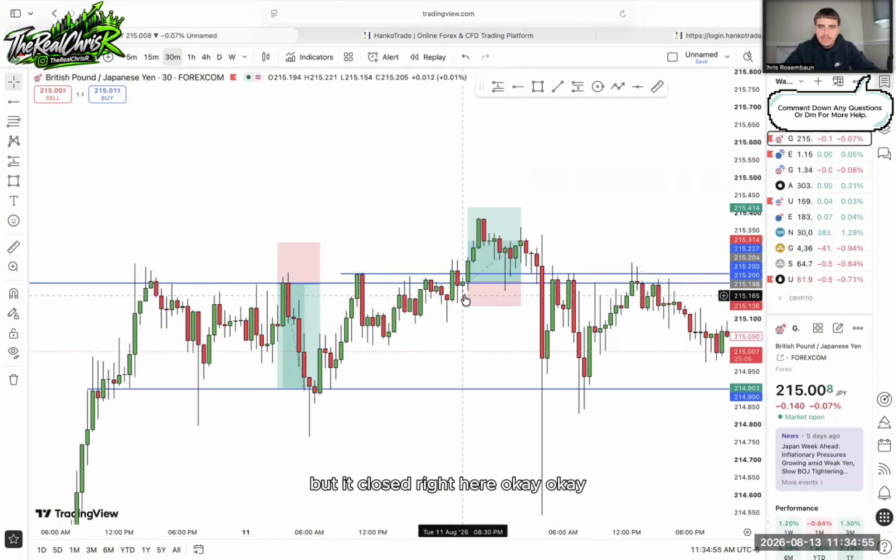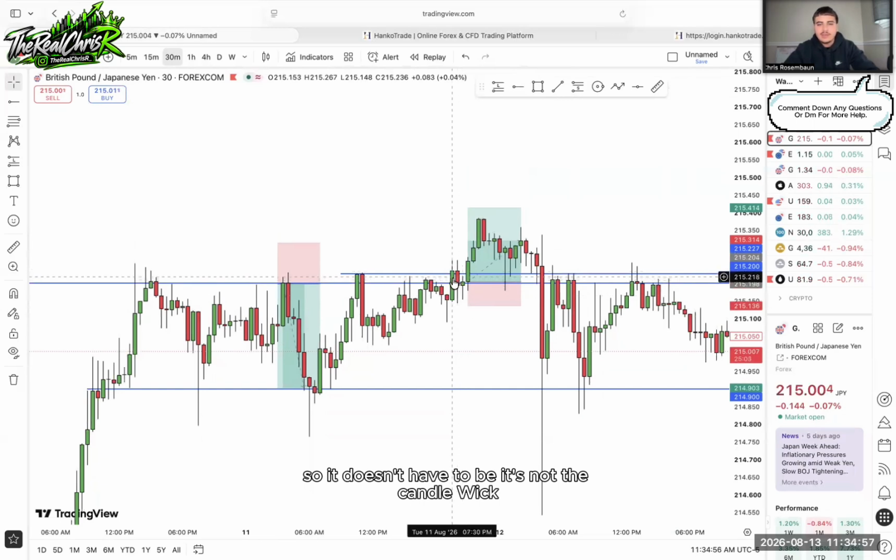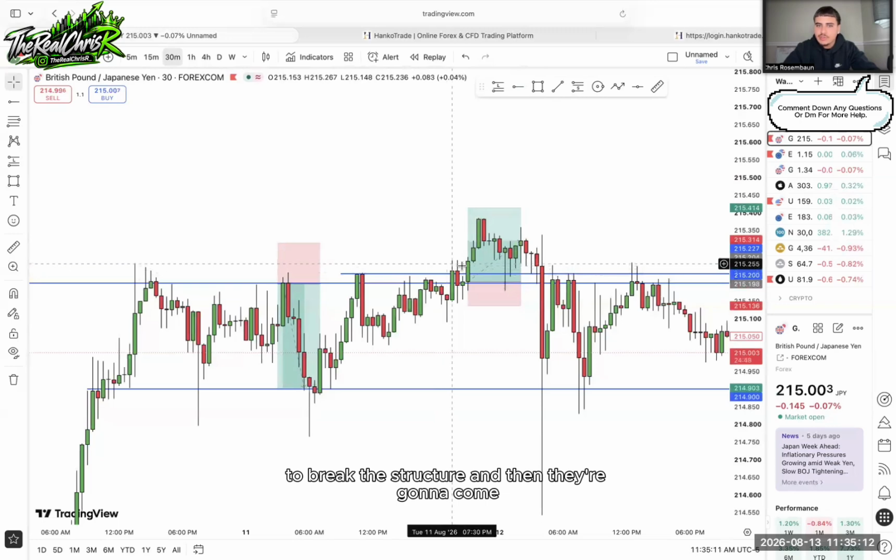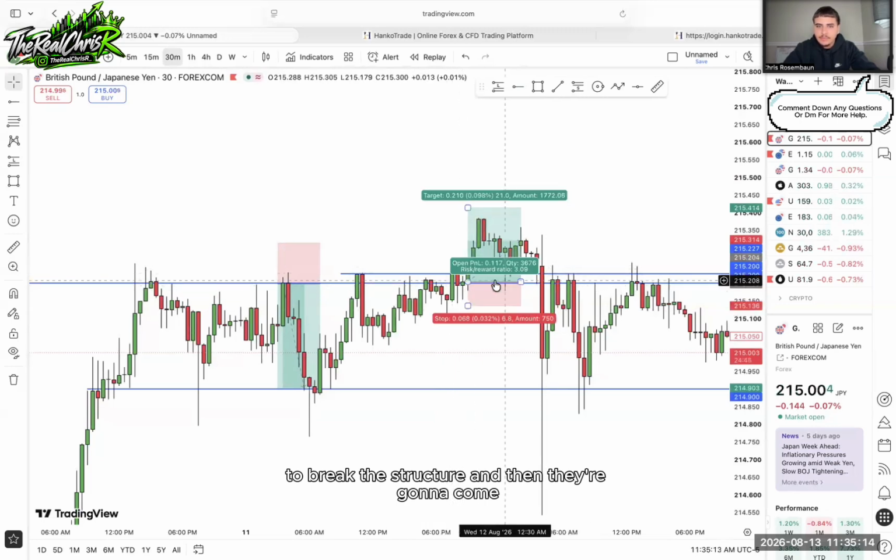It's not the candle wicks. You want to pay attention to the actual market structure because at the end of those 30 minutes, the banks are going to put that candlestick where they want it to be. If they need it above the structure here, they're going to place it right there to break the structure. And then they're going to come.